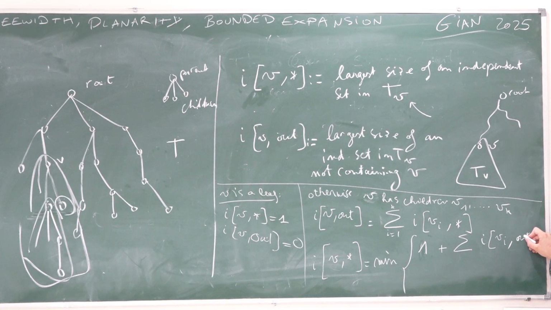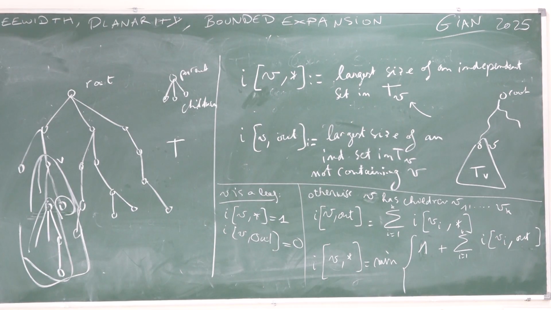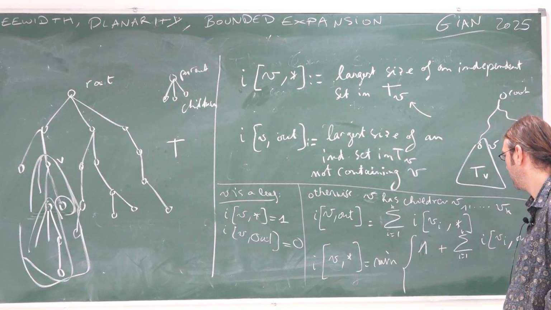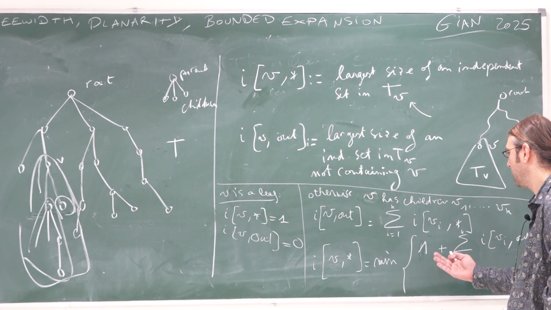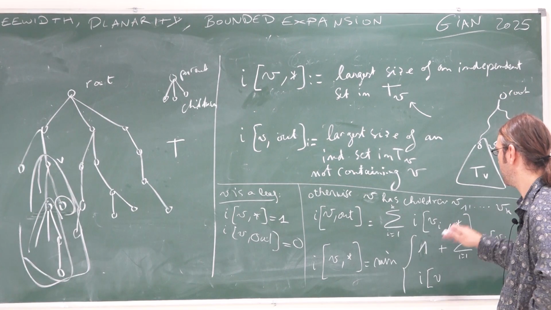Now that V is inside, I'm absolutely obliged to take the children out. Otherwise I will not get an independent set. Okay. So this is one case where I'm taking V and so its children are all out. So assuming I have computed the functions for the children, I can just write it like that, inductively. And in the other case, it is out, so I could repeat this, but I will just write out.